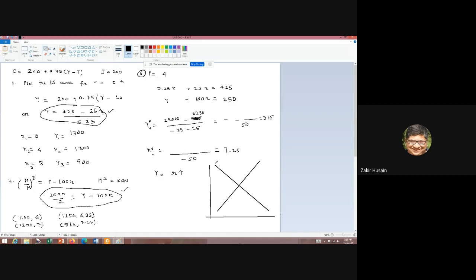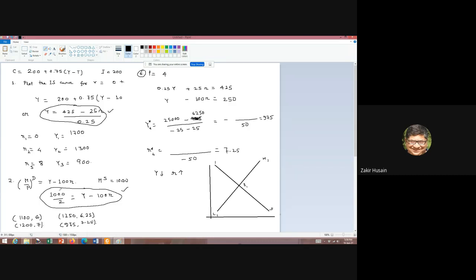Right? Now what happens? See, the IS curve will not be affected. There's no Y over here. So it's the money demand which is going to be affected.